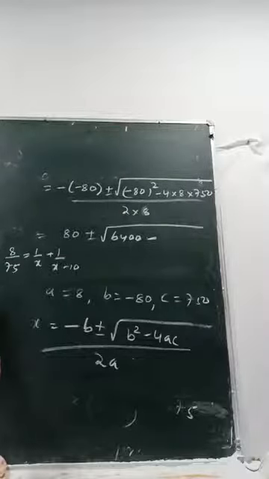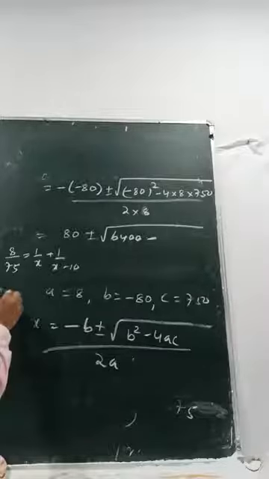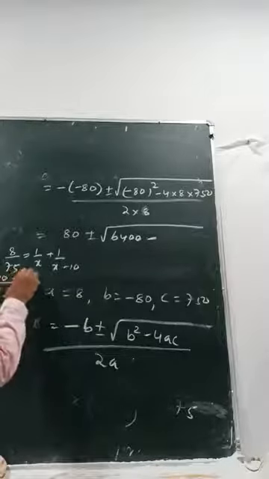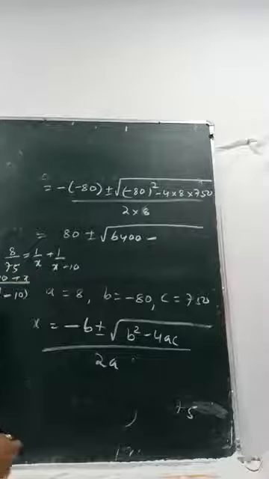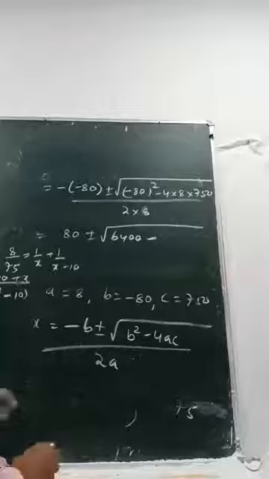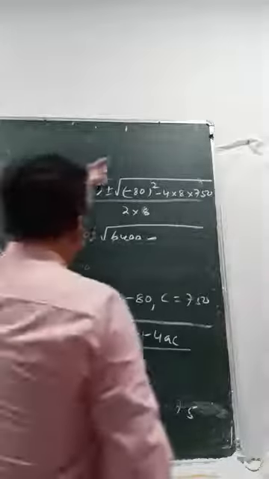So x square minus 10x minus 10 plus x, x minus 10 plus x. Here was a mistake. Sorry, x is not cancelled. Sorry, you take it from here.